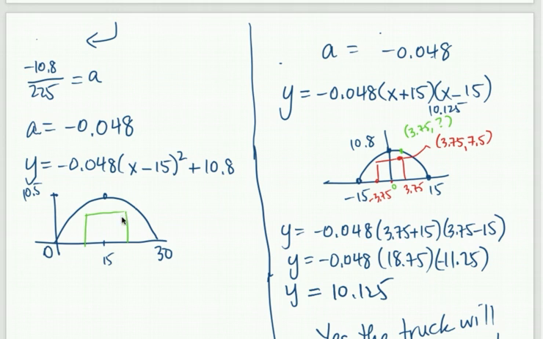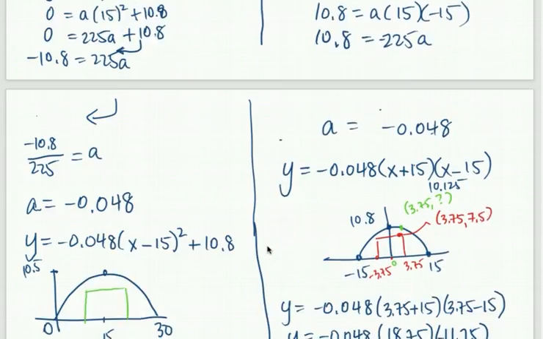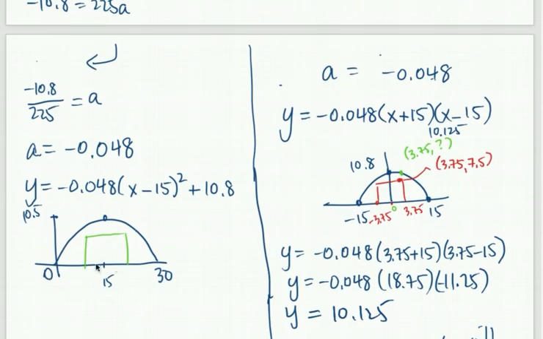Okay, so if we're putting a truck through that's 7.5 meters, or sorry, yeah, meters wide, sorry, are we looking at meters or feet here? Oh, meters. Okay. So again, you know it's 7.5 meters wide. So if we have 15 here, remember halfway is 3.75. So if I add 3.75 to 15, this point right here will be 18.75.